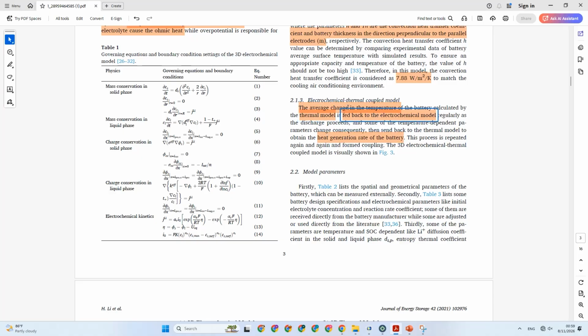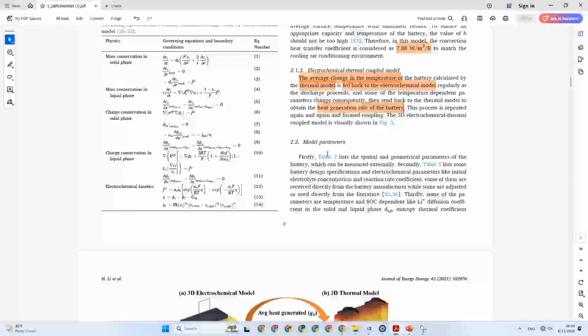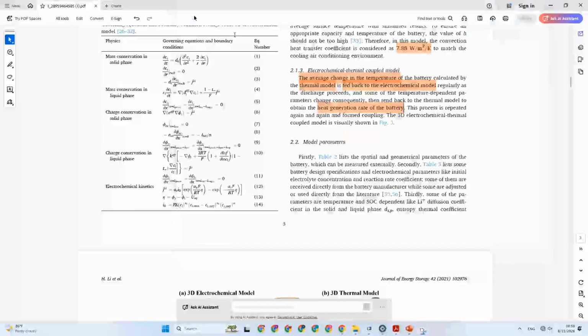They calculate average change in temperature via the thermal model, then coupled to the electrochemical model as discharge proceeds, and they calculate the heat generation rate of the battery. Maybe we need some parameters from the first model and bring it to the second model. We must work on it and think about it.